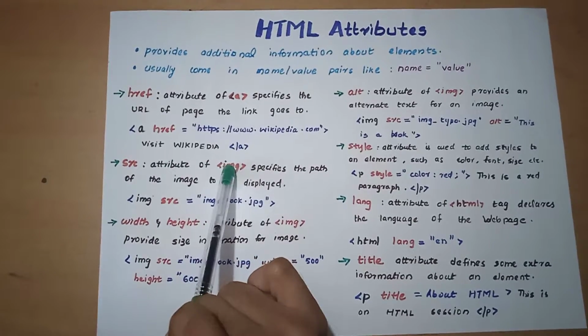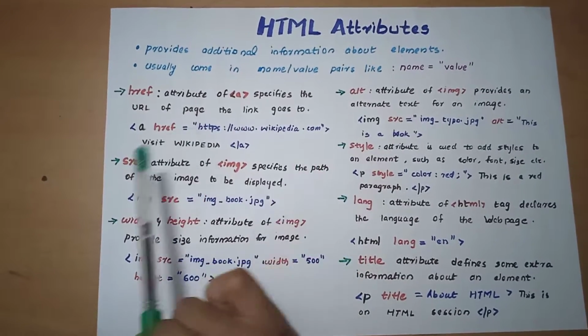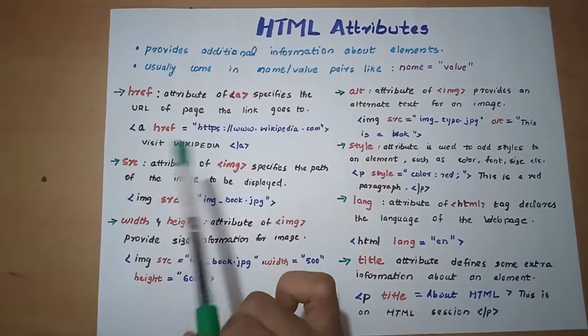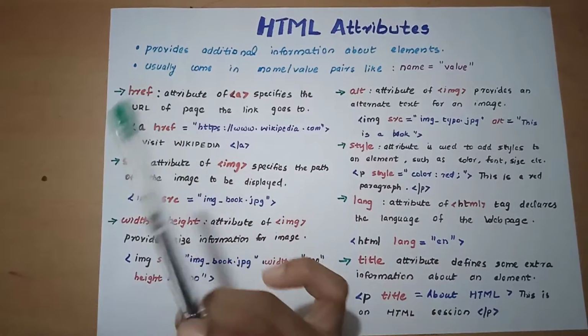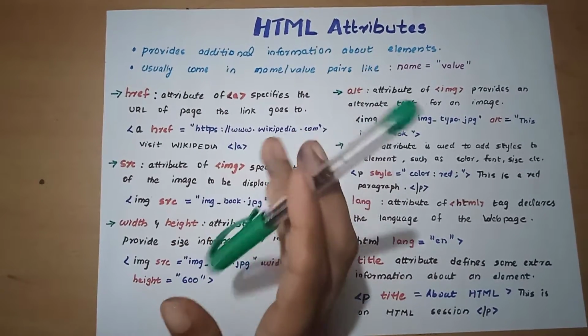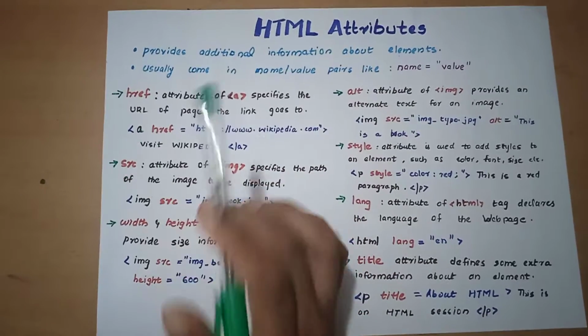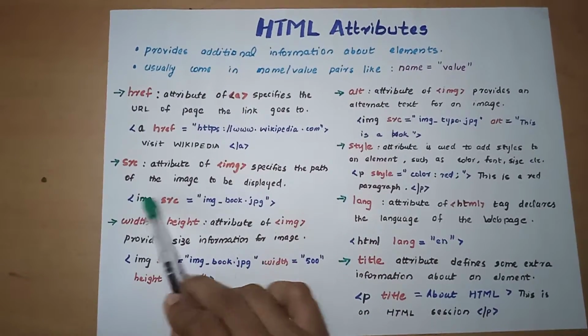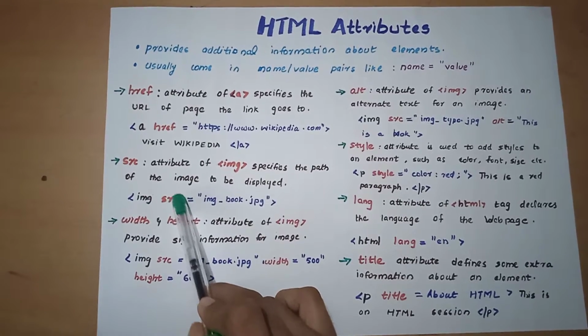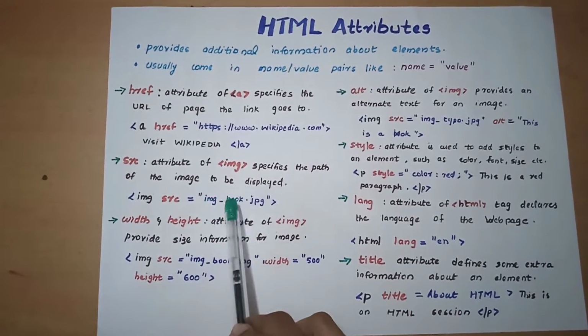Okay, so the next one is src. It's an attribute of the image tag and specifies the path of the image to be displayed. Normally we save some image on our PC, and if we want to add an image into our page, we add that image in this format. See, img src is the attribute with the value. What is this?